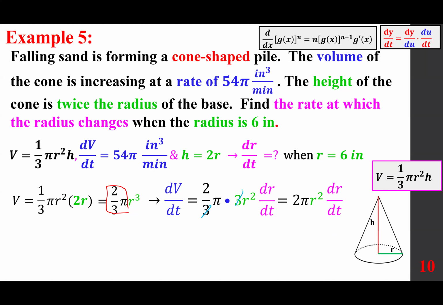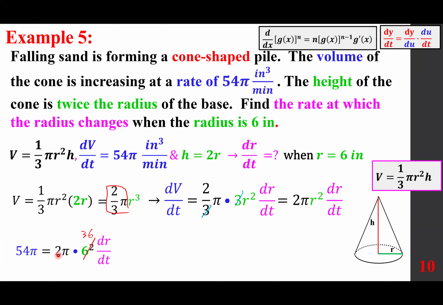You can either solve for dr/dt or just plug in. That means replace this one with 54 pi and the r with 6. Six squared is 36 times 2 is 72.